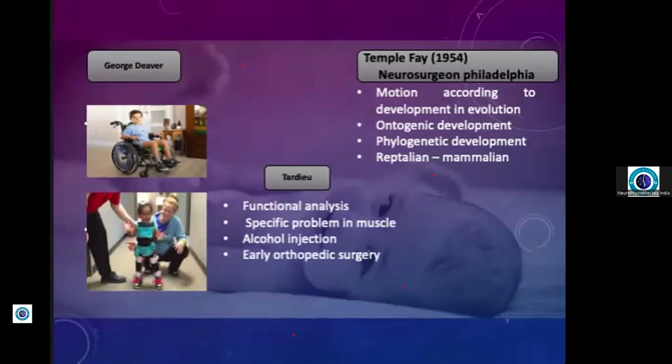And then we started coming to specific problems in muscle. I wanted to stress here, we were focusing a lot on specific problems in the muscle. We started giving them alcohol injections, and we advocated early orthopedic surgeries for these children suffering from neurological deficits, majorly cerebral palsy. Okay, next.